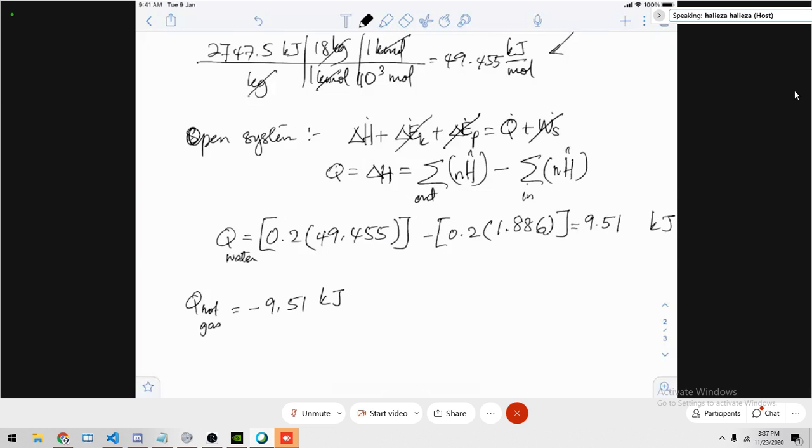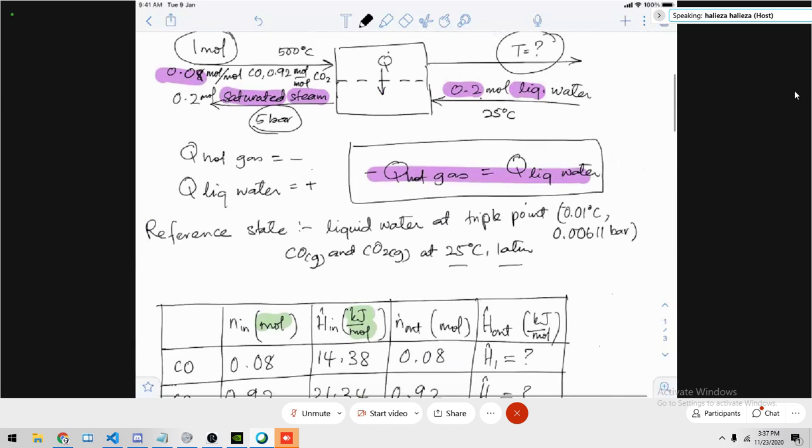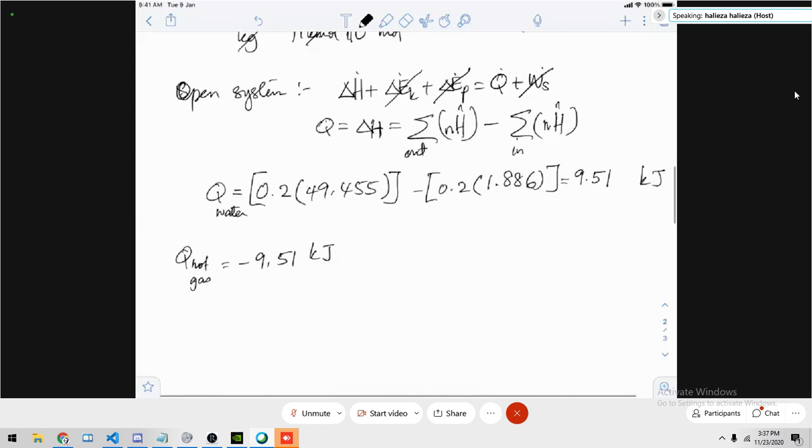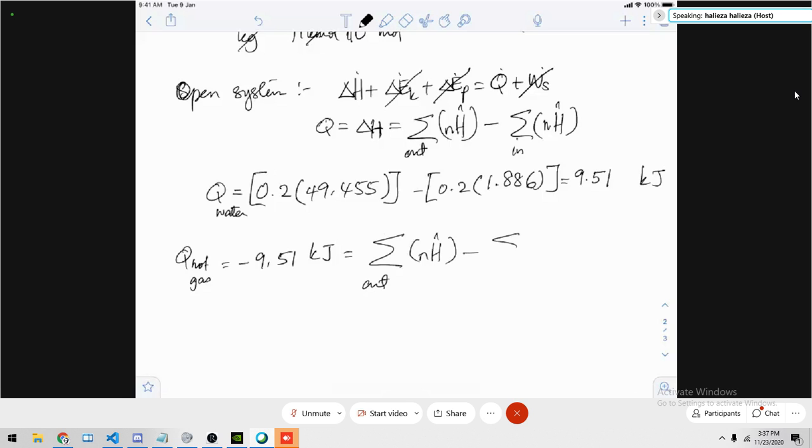I did mention why: because the hot gas is giving off the heat. That is equal to out, the number of moles and the corresponding enthalpy, minus in, the number of moles and the corresponding enthalpy.